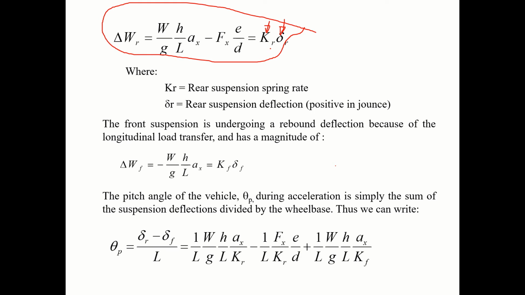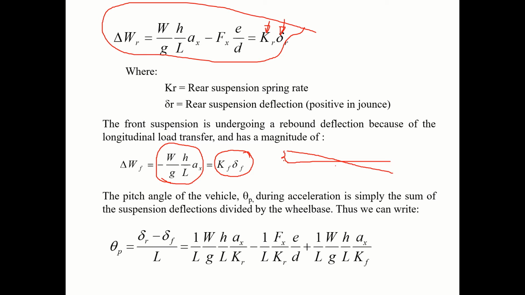Okay. Similarly, in the front, what happens? It loses so much of load, and delta F will be the deflection of the front spring, and Kf is its stiffness. So now the question is, your vehicle will be like this. Let us say it will pitch like this.